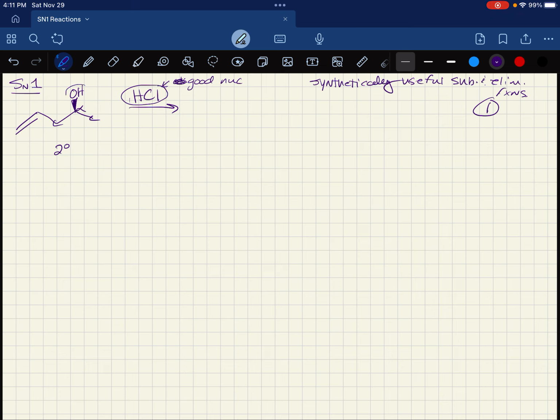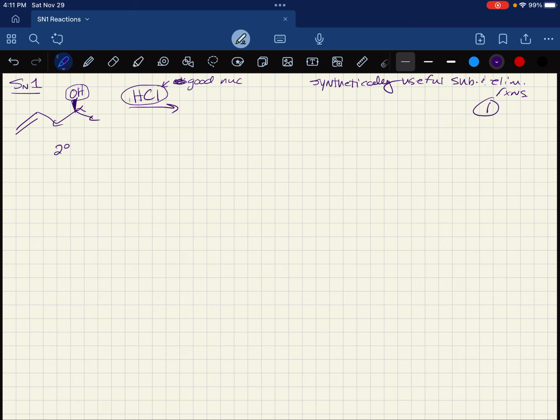So the first thing that's going to have to happen here is we're going to protonate this OH group. And the main reason for this reaction is to convert this hydroxyl group, which is generally a bad leaving group, into the alkyl halide, which has a better leaving group. So often this reaction might be done first before whatever else it is that is desired to be done at this site.